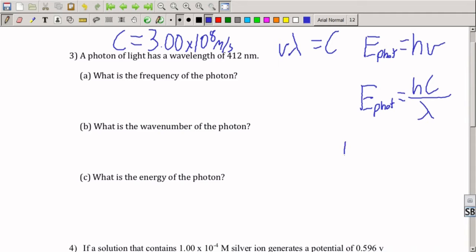And what is h? It is 6.626 times 10 to the negative 34 joules times seconds.